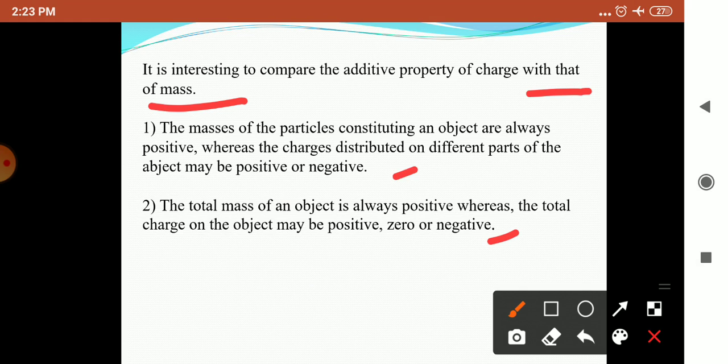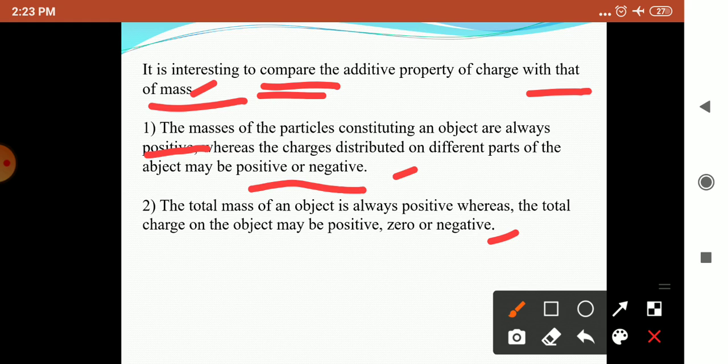The masses of the particles constituting an object are always positive, whereas the charges distributed on different parts of the object may be positive or negative. We are comparing electric charge with mass.